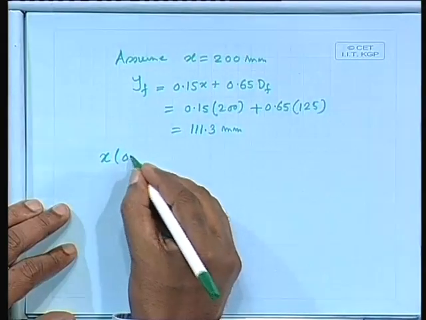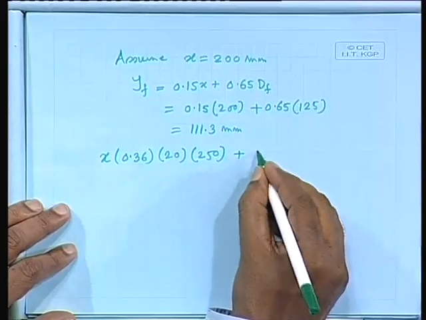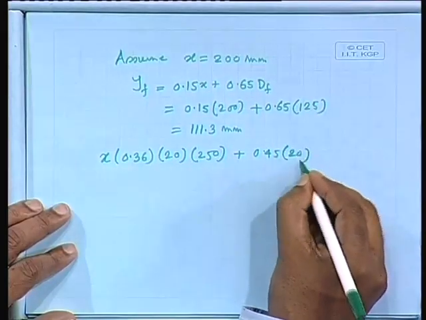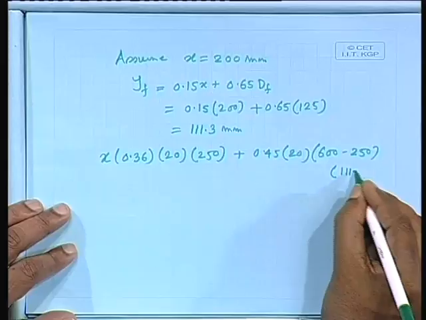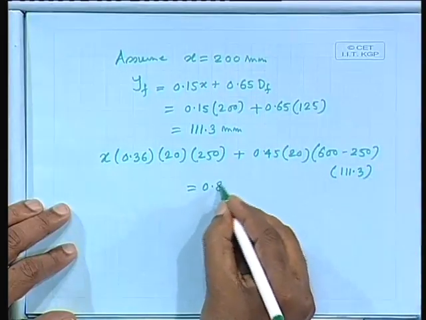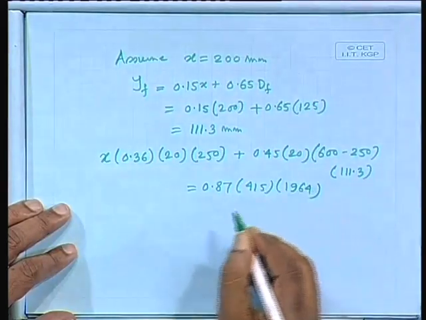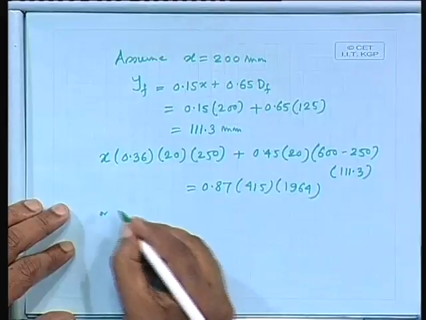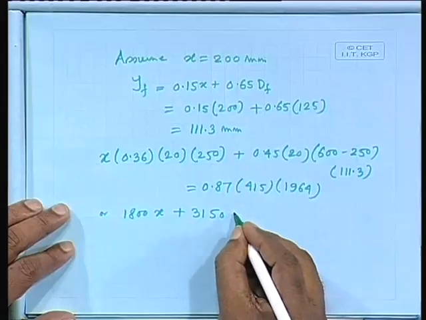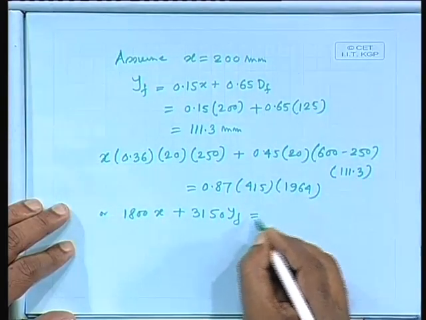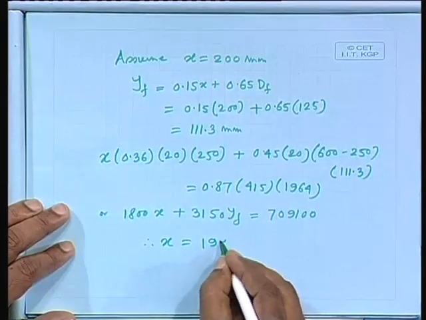X times 0.36 times 20, the same equation we are using, plus 0.45 times 20 times 600 minus 250 times 111.3 equals 0.87 times 415 times 1964, or 1800x plus 3150 YF equal to 709100, or x equal to 199.2 millimeters.